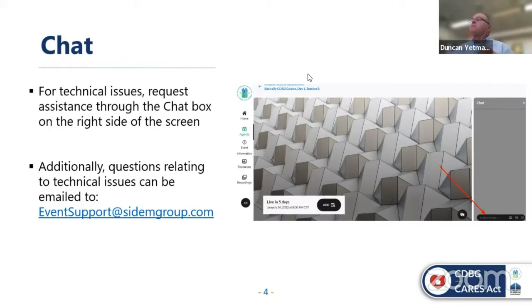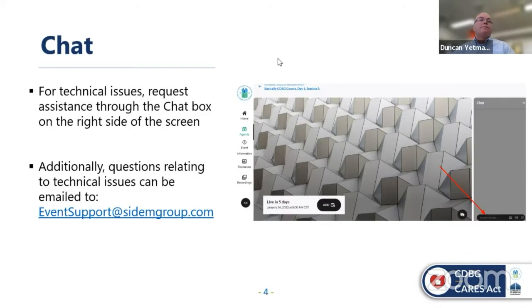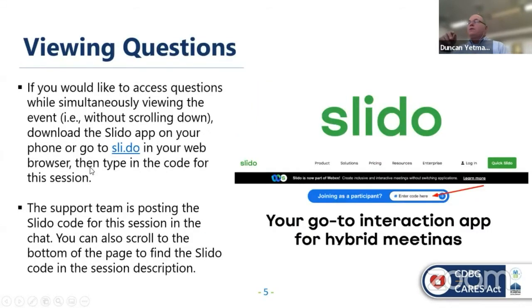If I can get a couple of thumbs up in Slido in the Q&A, I can confirm that you're audible in Brand Live. Oh, okay, very good. Great, thank you. All right, and so then also, to view questions, go to Slido, type in the code for this particular session, which is 000102, and then you should be good.